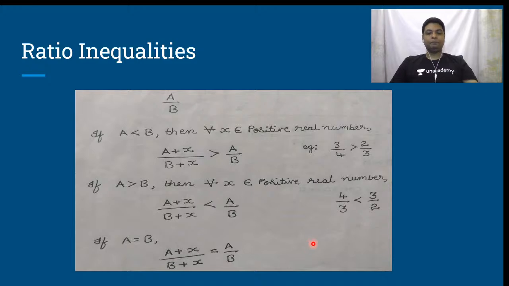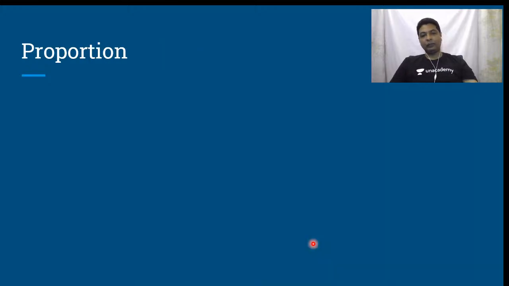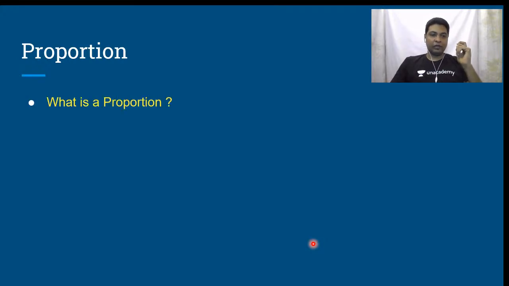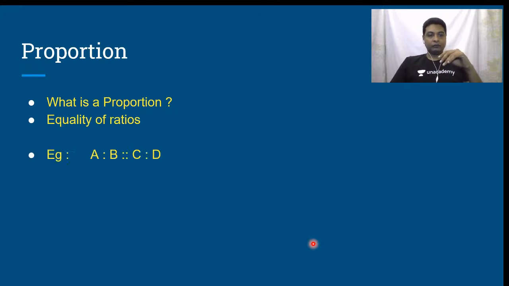Is that clear? Now that said, let us look at what is a proportion. Ratio is comparison of similar entities. If you have two ratios which are equal, then equality of two ratios is also called a proportion.